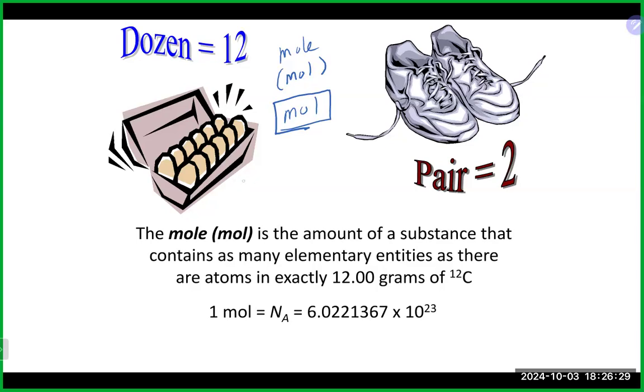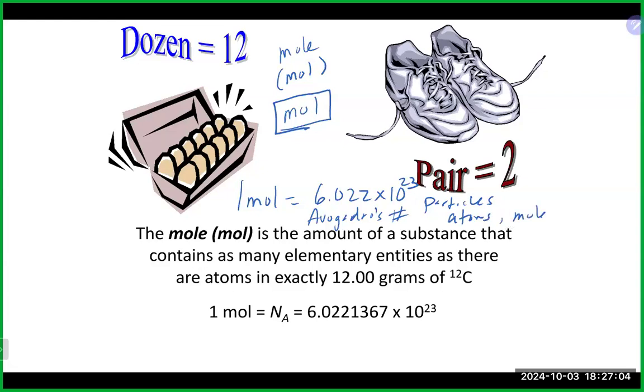So 1 mole of something equals 6.022 times 10 to the 23. And the units associated with that number, which by the way is our friend not avocado, Avogadro's number. I almost wrote avocado. The units associated with that could be particles, atoms, molecules, pizzas, shoes, perhaps.